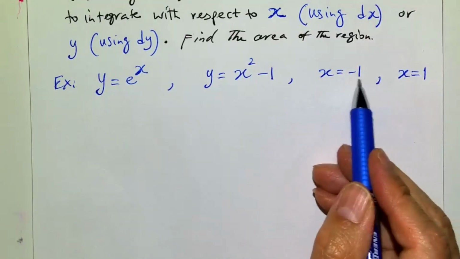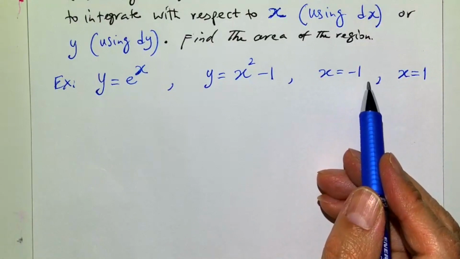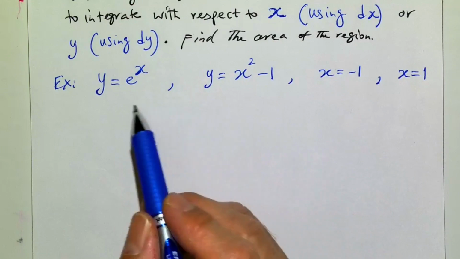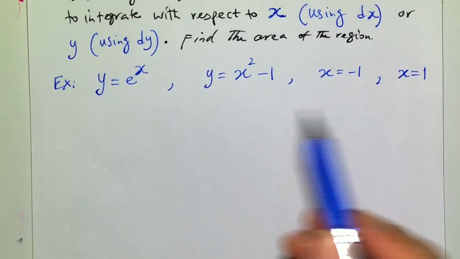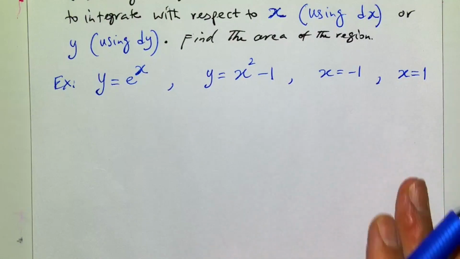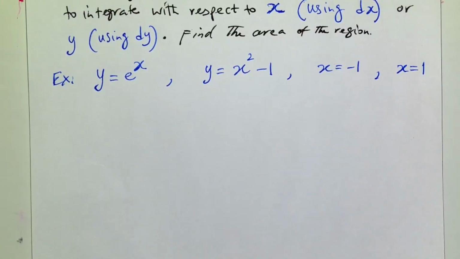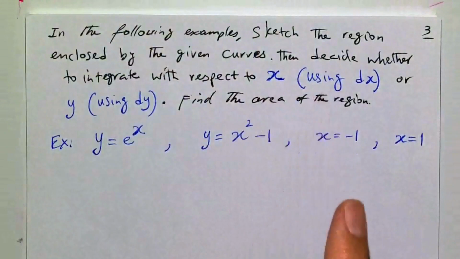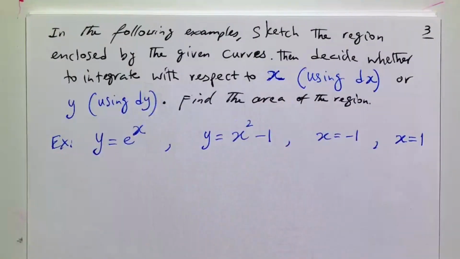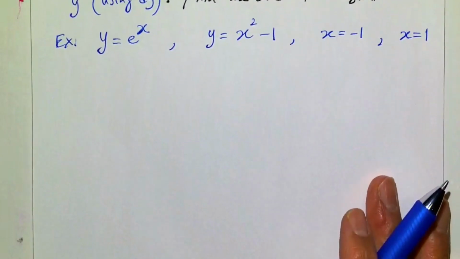Notice these two pieces of information are a hint that we need to integrate along the x-axis. You'll see it better after I draw a picture of these, and that's the first thing they ask us to do: in the following examples, sketch the region enclosed by the given curves. So let's do that.